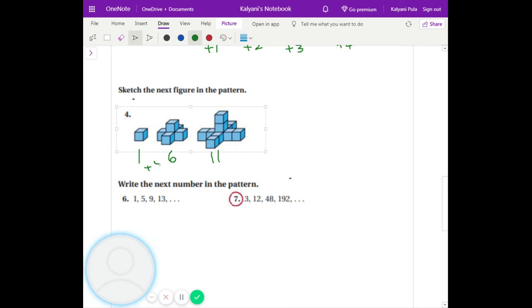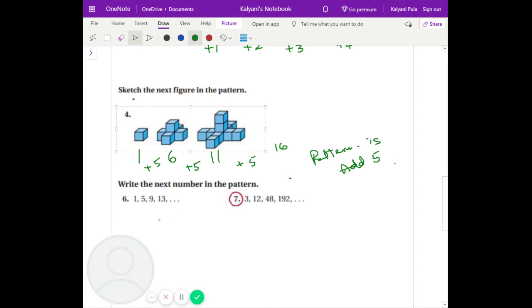So you add 5 here, then add 5 here. So the next one is going to be 16 blocks. So the pattern is add 5. Sometimes you can add 5 minus 2, add 5 minus 2.